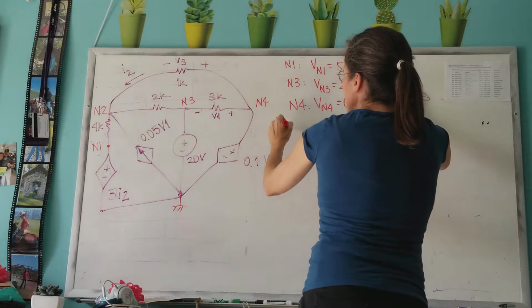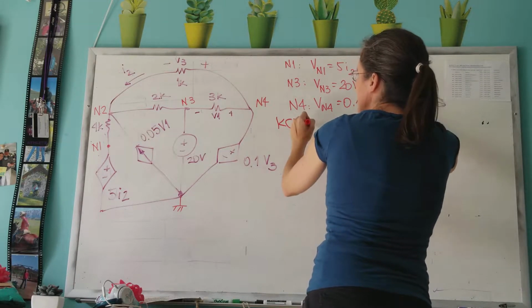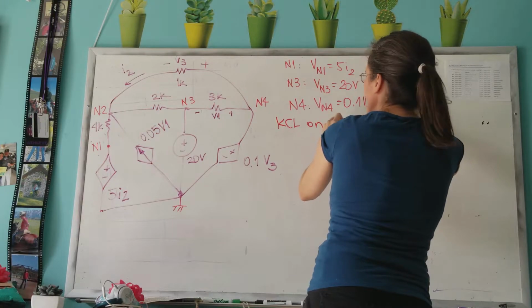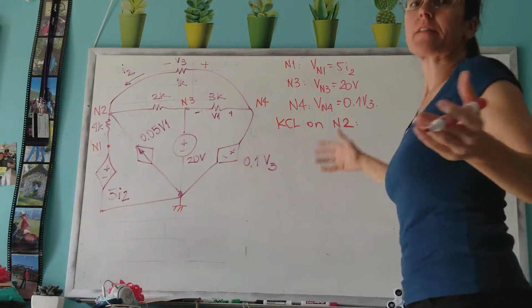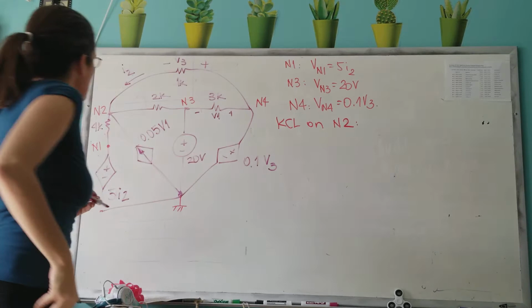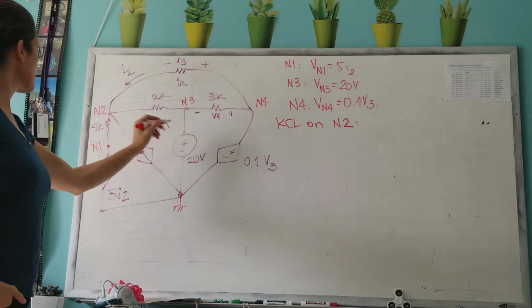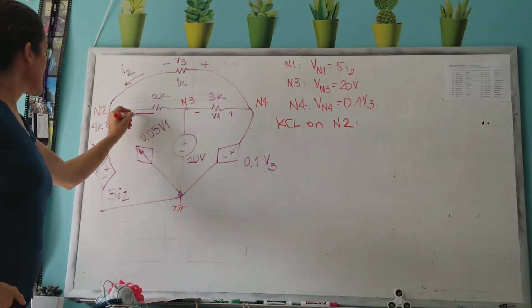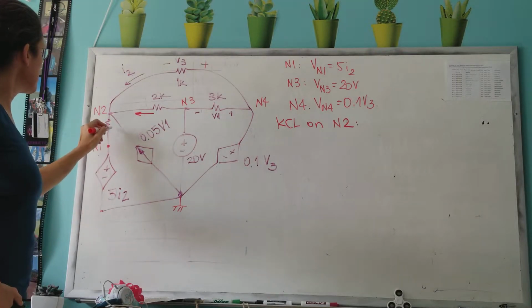Now the only KCL that I need here for nodal analysis is KCL on node 2. KCL means all currents coming in equal all currents coming out, so maybe I'll make everybody coming in.